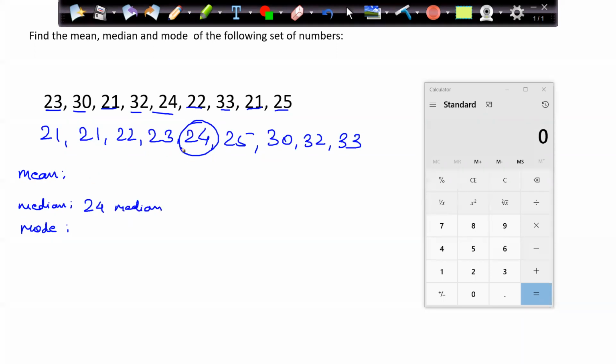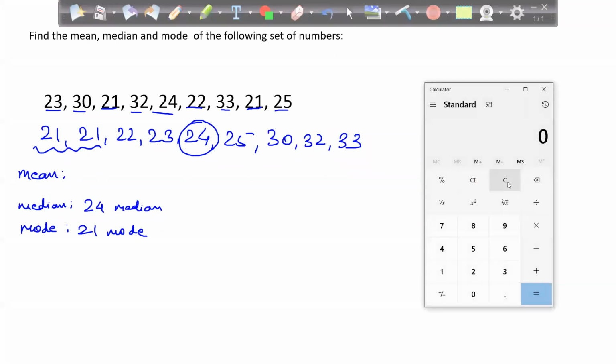My mode is 21, which is the majority, the most frequent value. And I need to find out the mean as well, which I will calculate. I'll sum up all the values and take the average.